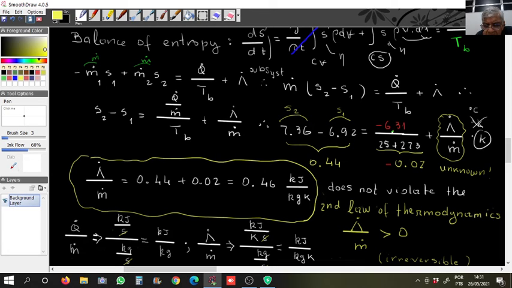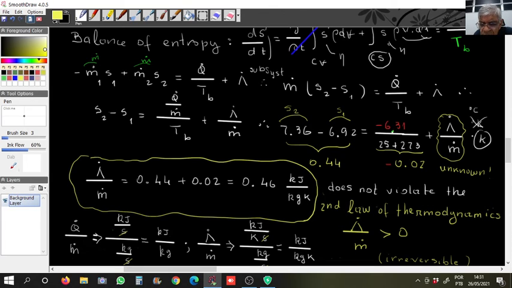I have 0.44 here, and minus 0.02 on the right-hand side. Jumping to the left-hand side it will be plus 0.02. This is 0.46 kilojoules per kilogram per Kelvin.